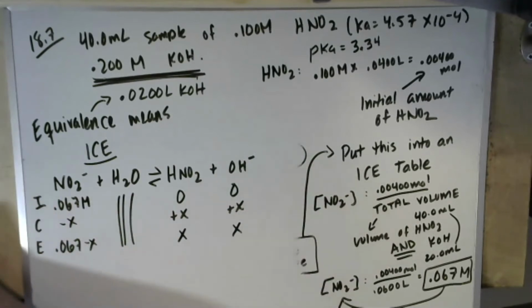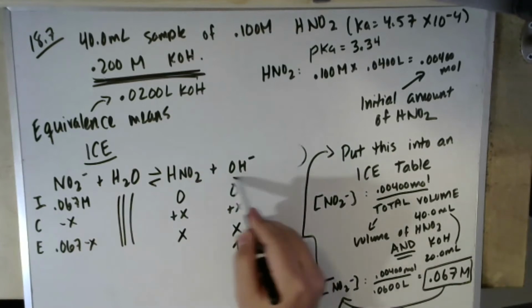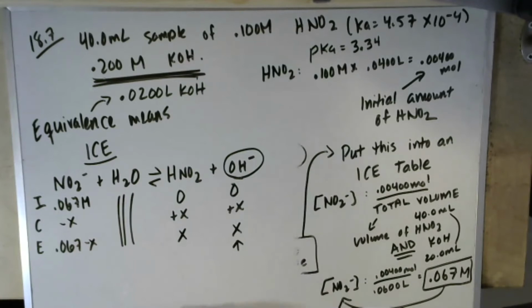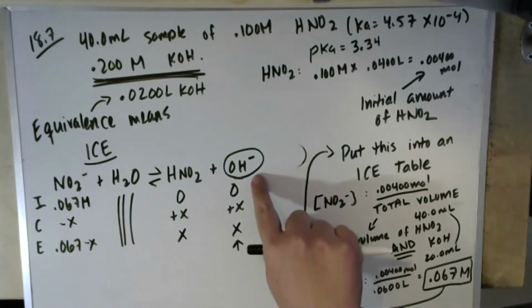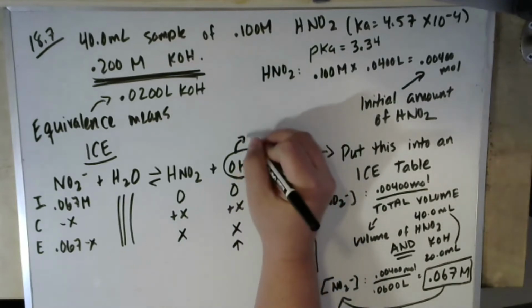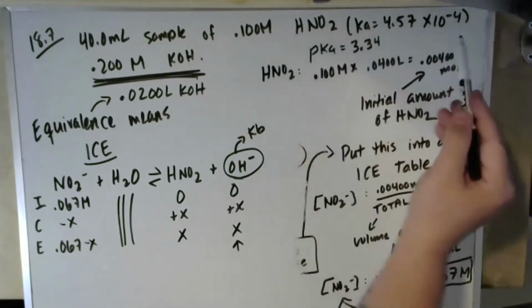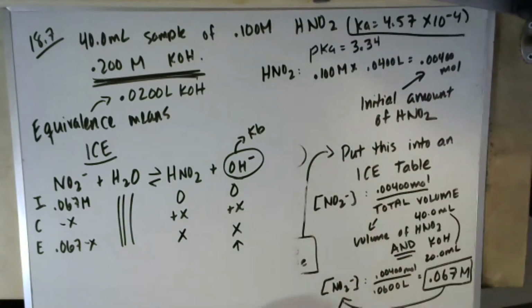And now we're left with the step where we need to find our X value. And in this case, our X value is hydroxide. And we're going to do that using our Kb value, right? Hydroxide ion in the products means that we need to use a Kb value to solve for the equilibrium. We were given a Ka value initially, but we can find our Kb value from this. So let's do that calculation down here real quick.